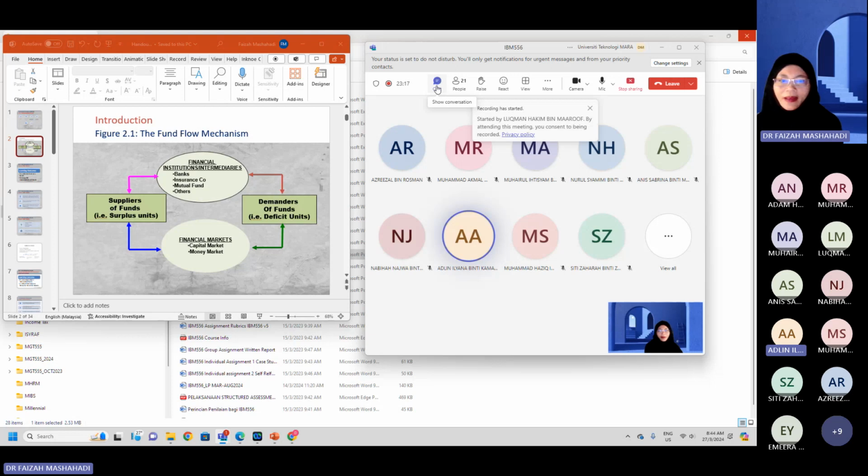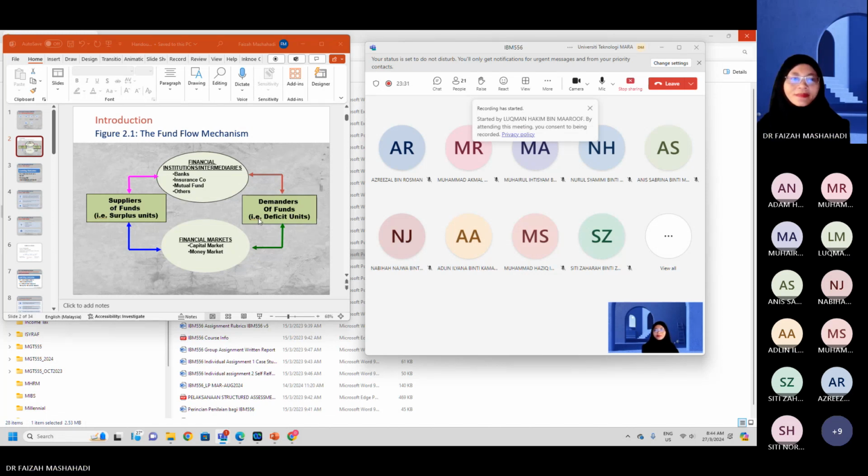Okay, so what do you think, Adeline Iliana? Can the demander of funds, the deficit unit, target a particular surplus unit to purchase their bonds? Can you repeat it again, madam?